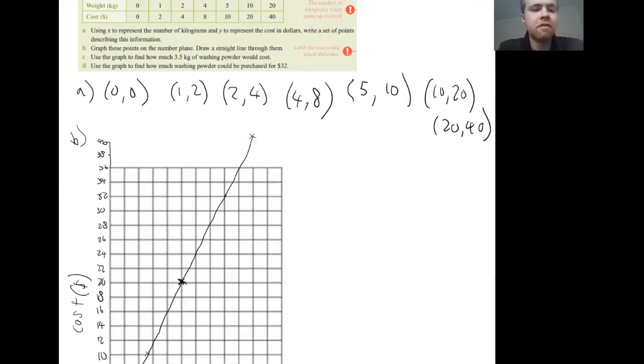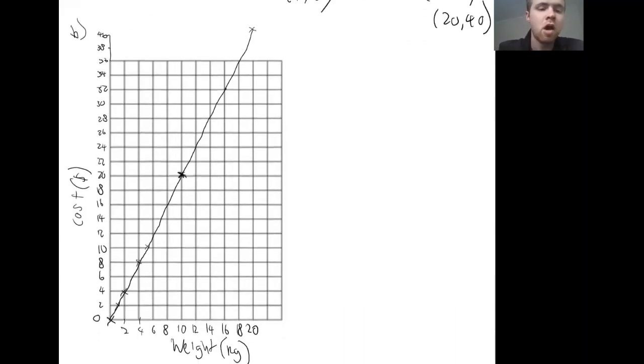So we're going to use the graph to find out how much 3.5 kilograms of washing powder would cost. We could do this algebraically quite easily, but we're learning about how we can use a graph to do this. So what we need to do is go to 3.5, which is going to be about here. It's a bit more than halfway between 3 and 4.